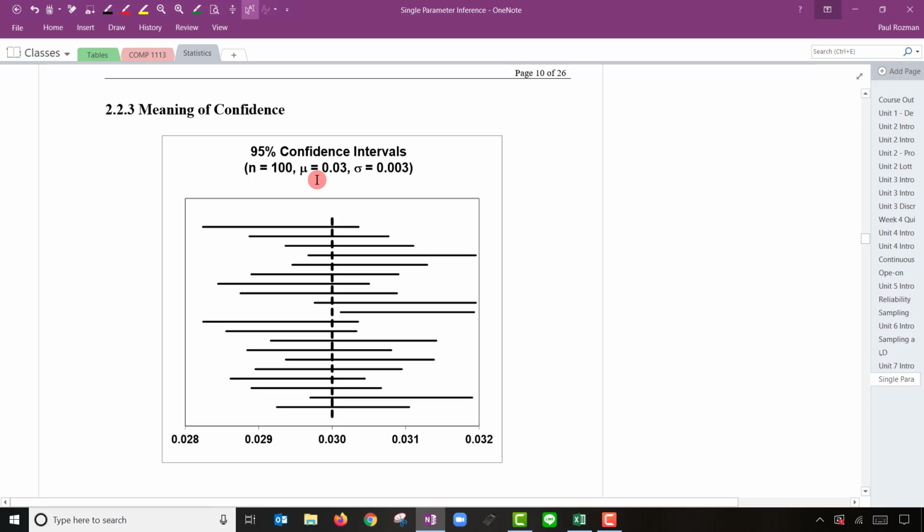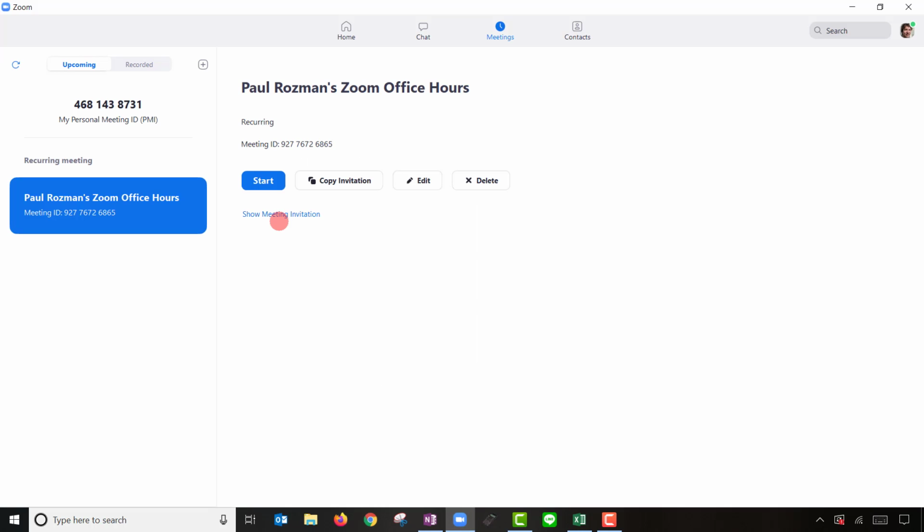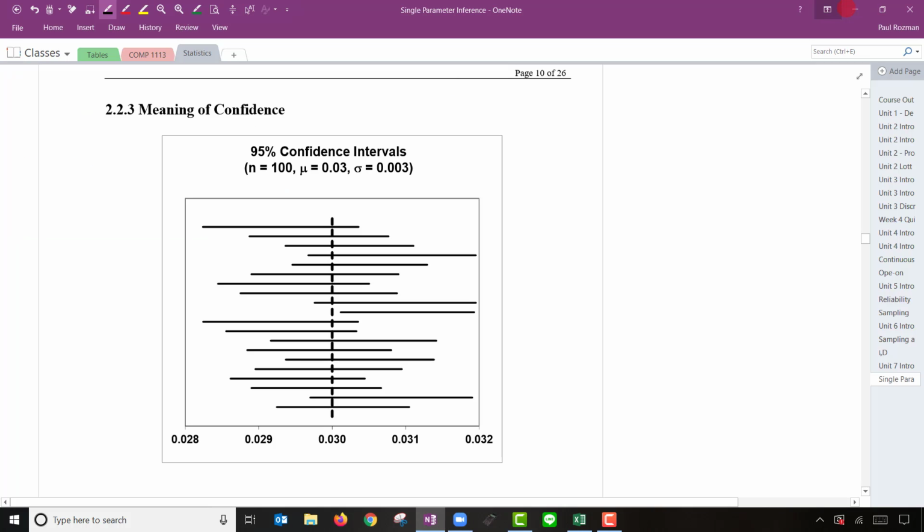So I knew mu, I knew sigma. I generate 100 random numbers from there. Then I calculated X bar. So my first experiment, I got a mean, say here, and then I put the plus or minus on it.